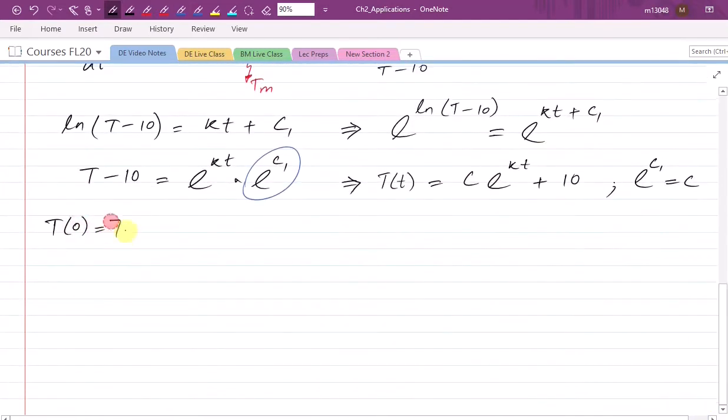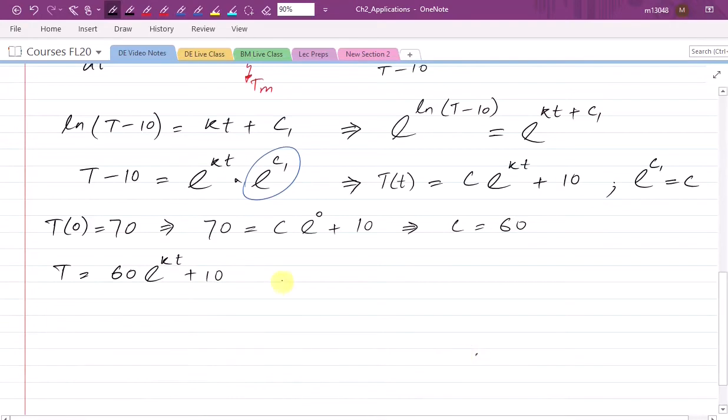T of 0 equals 70 implies 70 equals c e raised to power 0 plus 10, that means c equals 60. So our solution becomes 60 e raised power kt plus 10.